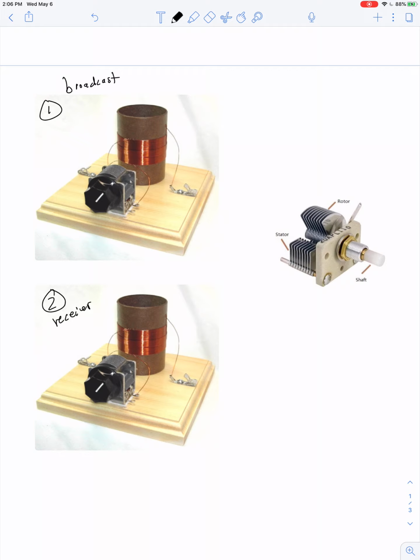On the broadcast circuit, you connect a battery, maybe a 9-volt battery. The other end, you strip a little insulation off of the fixed wires, and then the wire coming off the positive terminal of the battery can make a contact point.